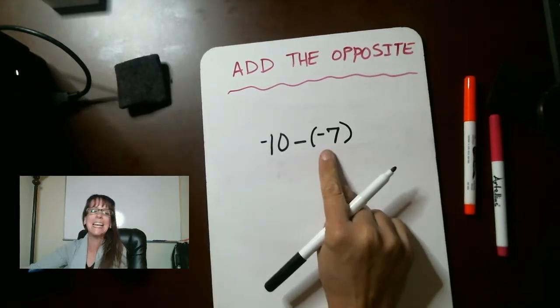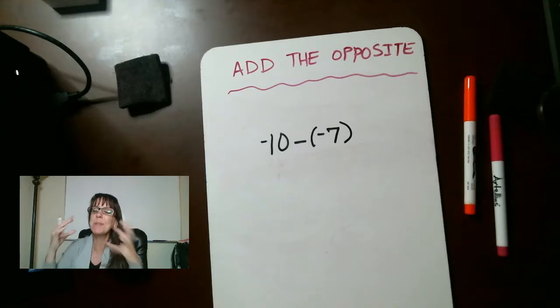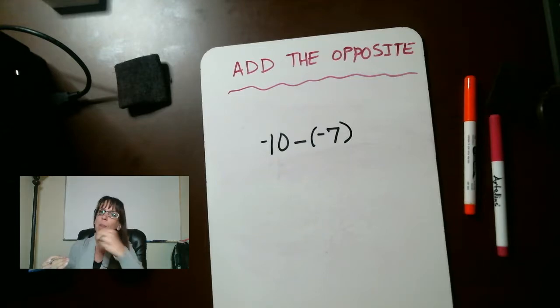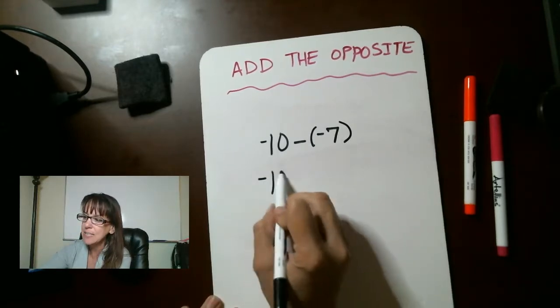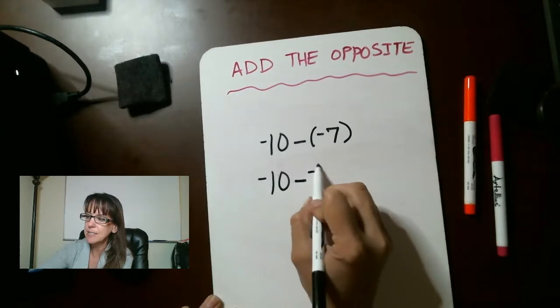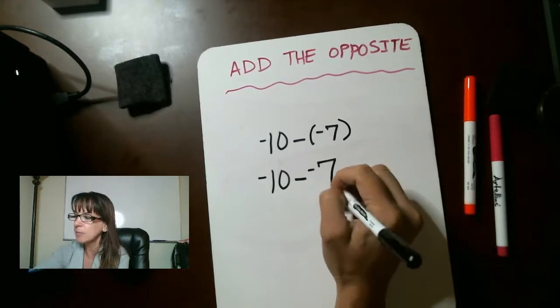They're just indicating that it's a negative. I'm going to be honest with you guys, I'm lazy. I don't like writing parentheses unless they're absolutely necessary. However, if you go my route and not write parentheses, you have to be very clear what is a subtraction sign and what is a negative sign. In this case, negative 10 minus negative 7. Do you see how I write my negatives a little bit higher up? Okay, that's the right idea.